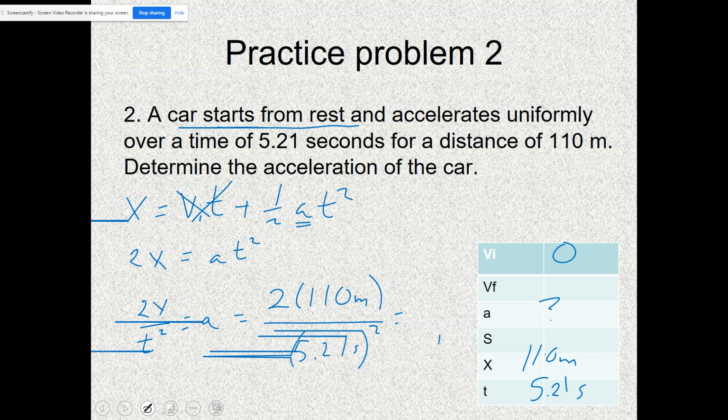The units are going to be meters per second squared, which is the units for acceleration. So I'm going to plug all those numbers in. 2 times 110 divided by 5.21 squared. And I get 8.1 meters per second squared. And you can pick which direction is the positive or negative.